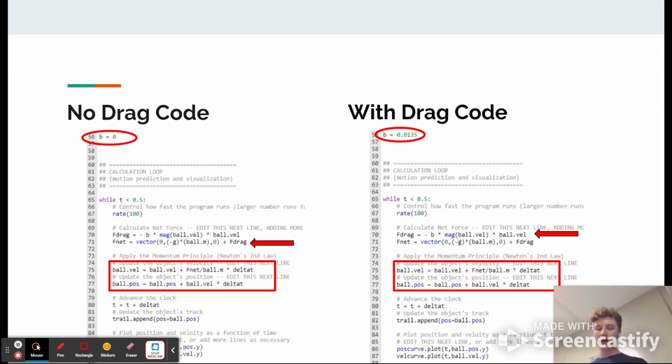So here's the important part of the code, the stuff that I actually had to change. To start is the no drag code, the model without drag, just the straight force of gravity model. The B value is 0 because drag is defined by our B coefficient, which you just had to find through experimentation. At least that's what my TA told me to do.